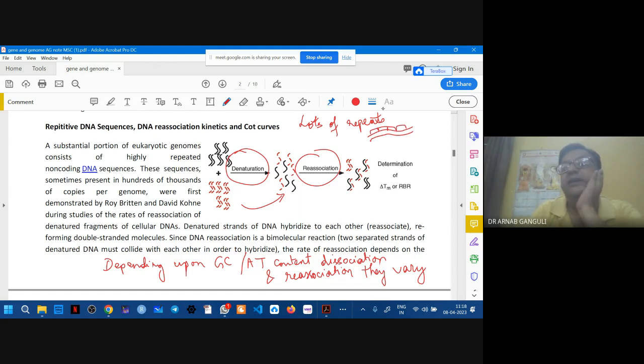So when they reassociate, they can even reassociate like this. Since they are repetitive, they will reassociate much faster. All the sequences are the same, so a bit opens, comes down, and joins again, and some join like this. So in repetitive sequence, the reassociation is much faster.